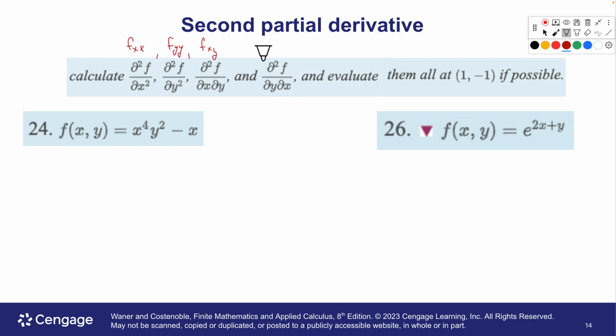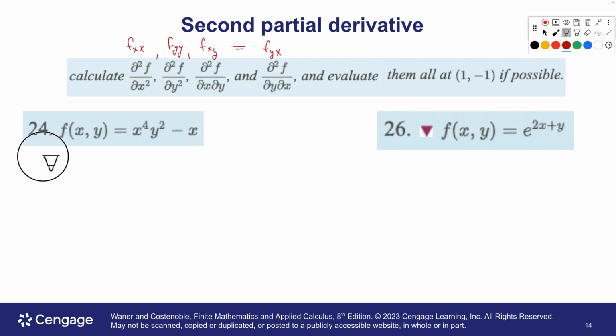This is the partial of y with respect to x. We're going to see that these last two are always going to end up being equal. They will always be. Let's just do it and you'll see. The reason why is maybe not clear, but it's a fact of life.